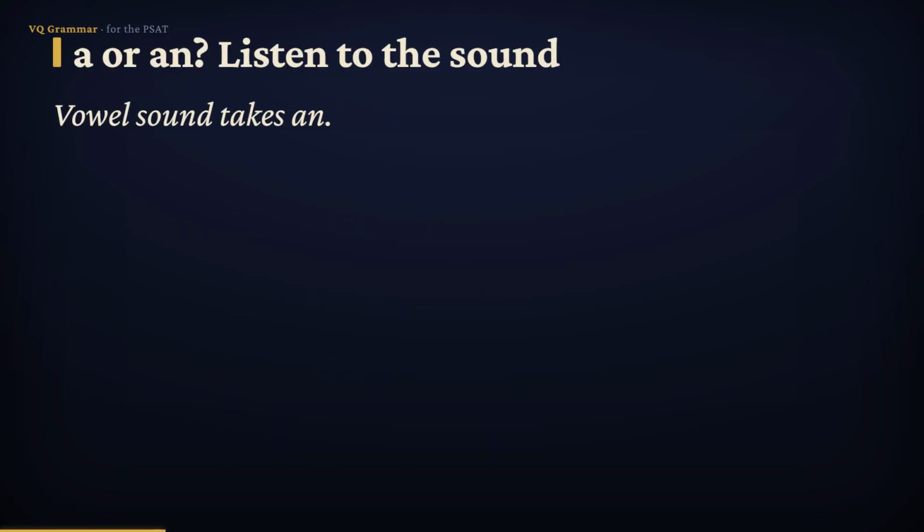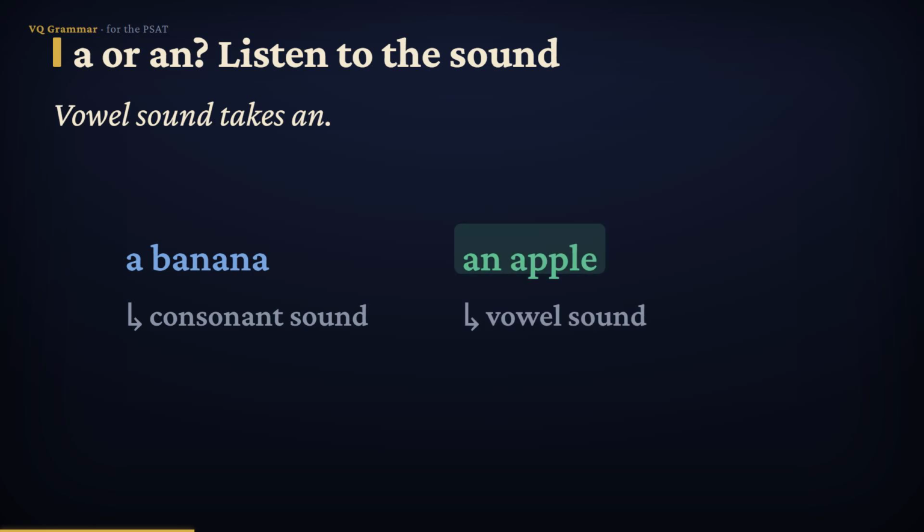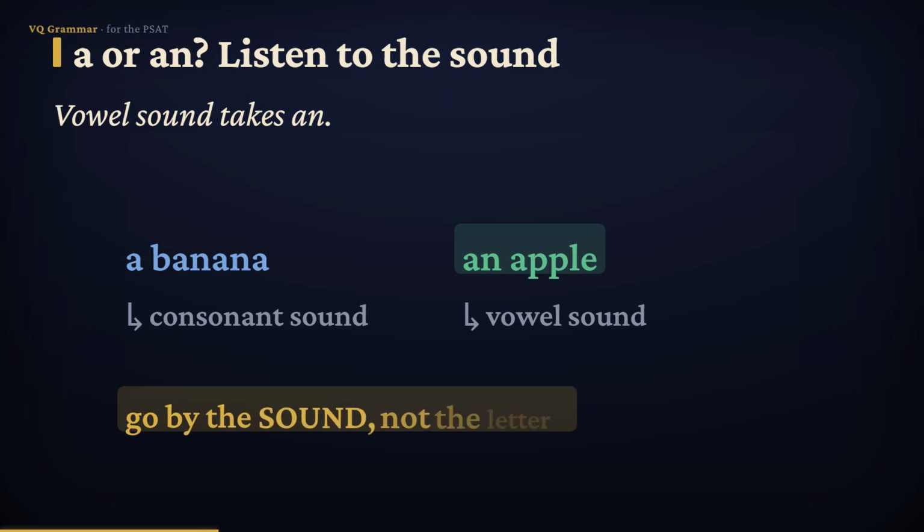Now, a or an? Here's the rule. Use a before a word that begins with a consonant sound, like a banana or a unicorn. Use an before a word that begins with a vowel sound, like an apple or an hour. And listen closely, because the trick is to go by the sound, not the letter.